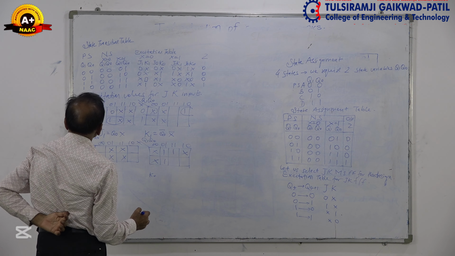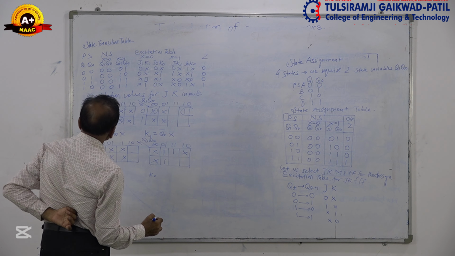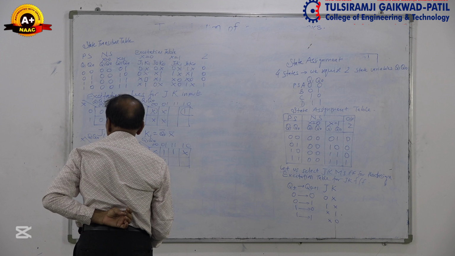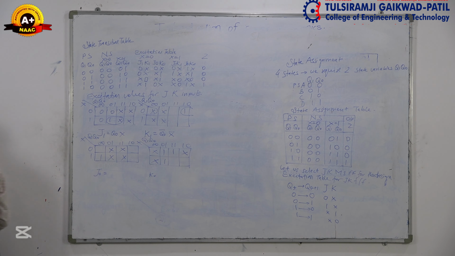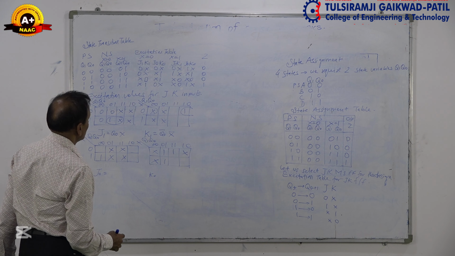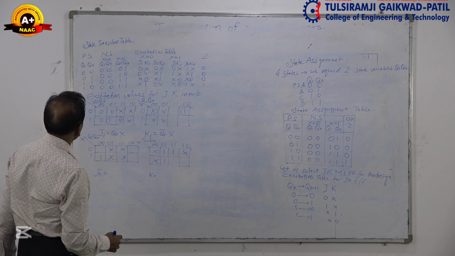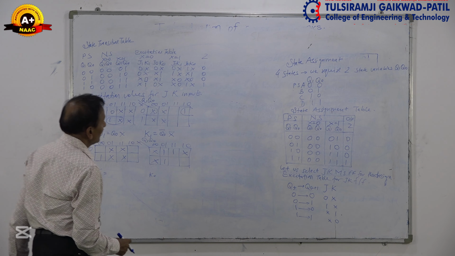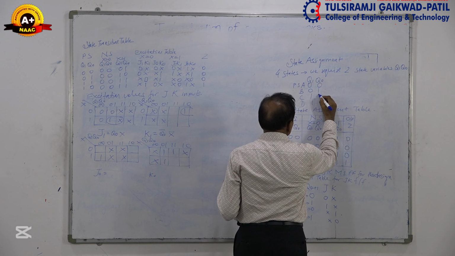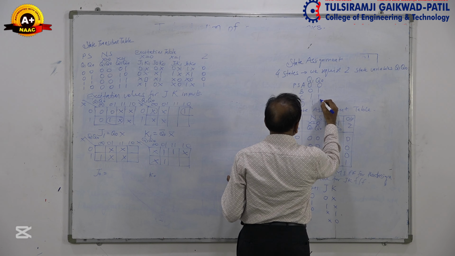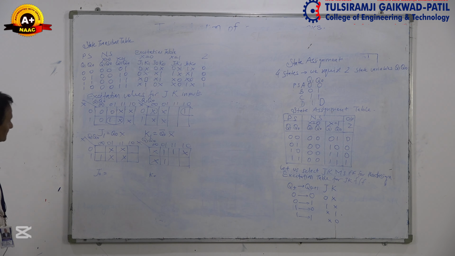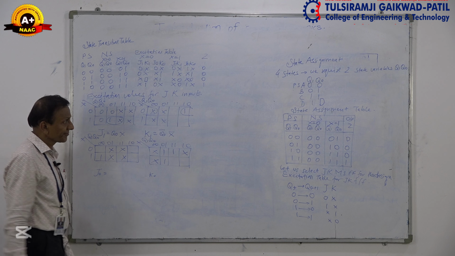It is A, B, C, D. C is our 1, 0, D is that. Let us change over here the state assignment. We have done it like this. C is our 1, 1 and this is 1, 0. Okay, no problem.